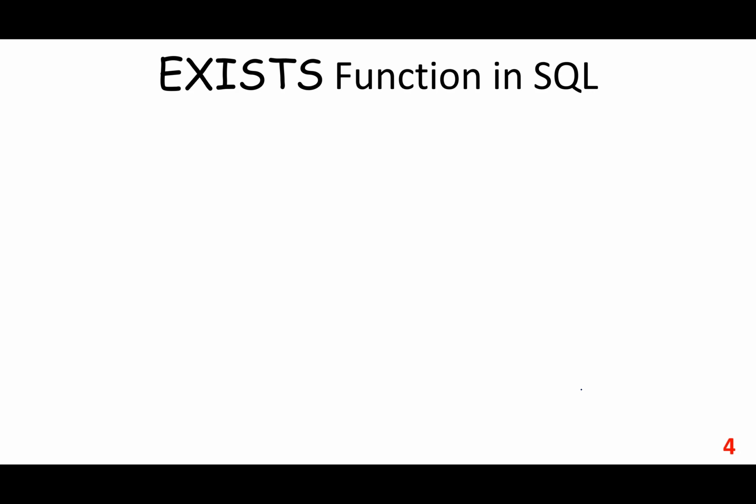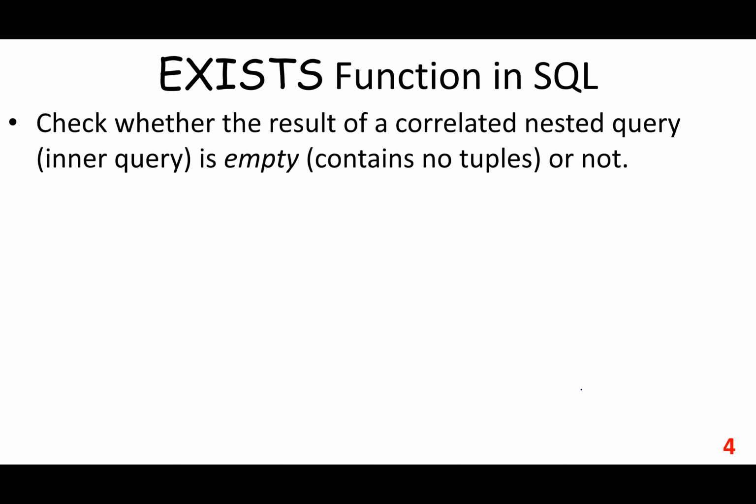So that's the topic for those 2 queries: using the EXISTS function. It checks whether the result of a correlated nested query, the inner query, is empty, contains no tuples, or not.